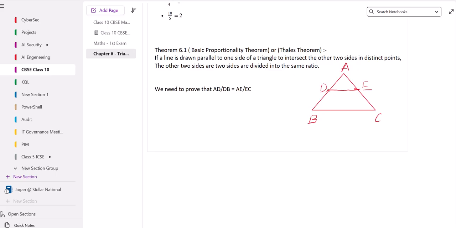To prove that, the first step is to join BE and CD.